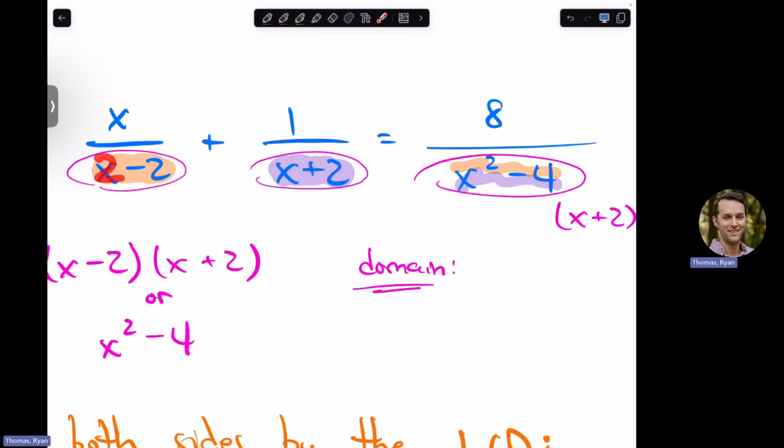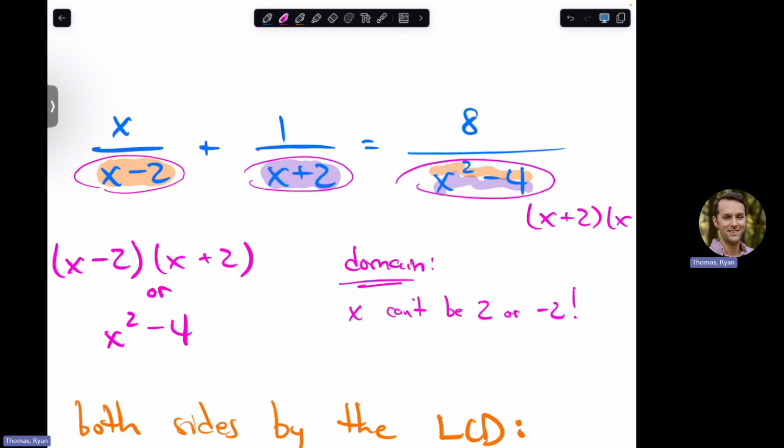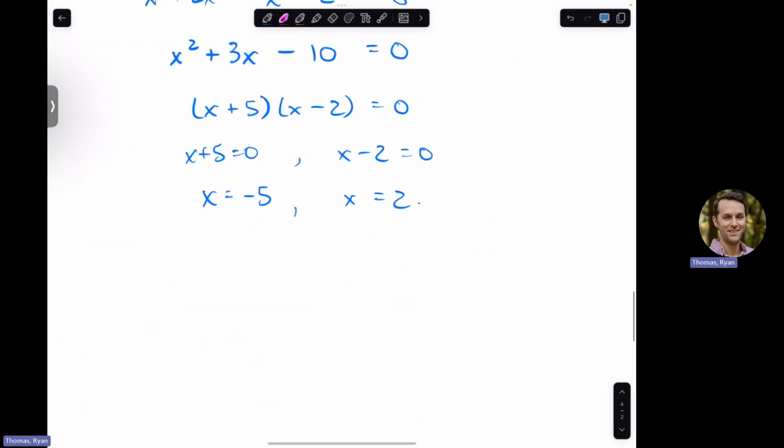For example, if I plug 2 in, I get 2 divided by 0, which is still undefined. So whatever else happens, I can't allow x to be 2 or -2, or I get a thing that doesn't make any sense.